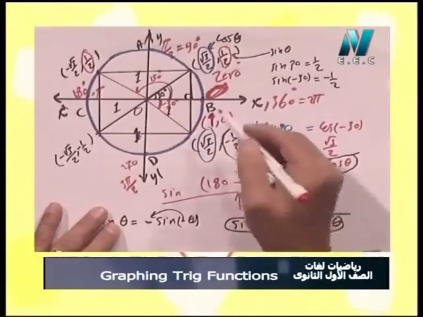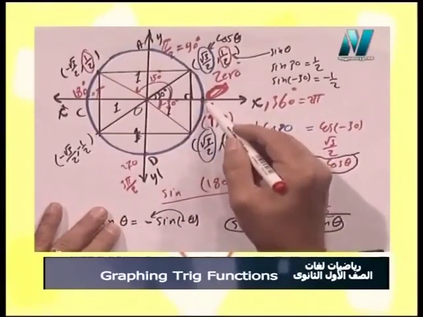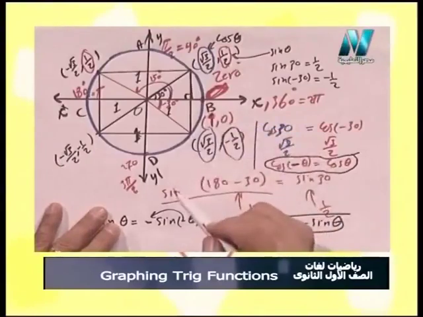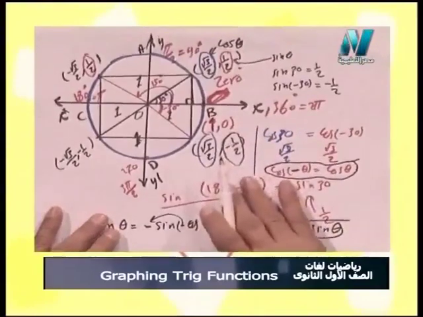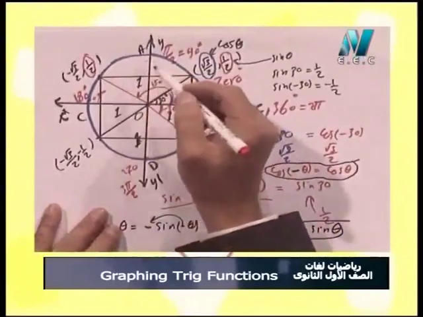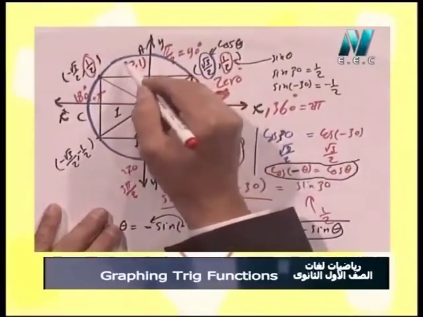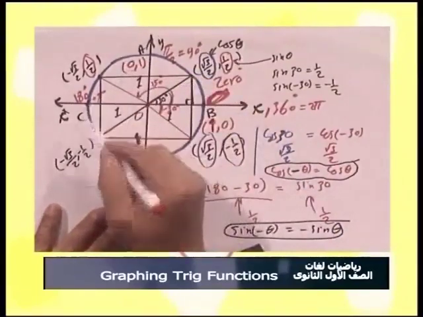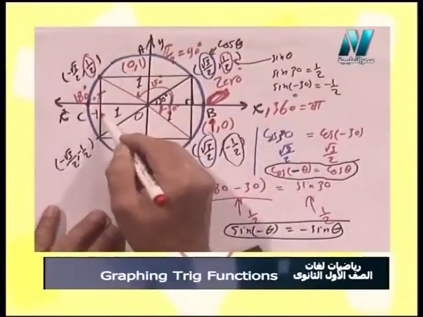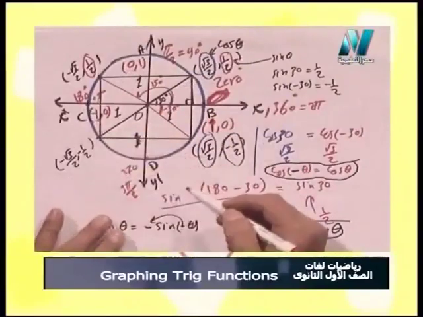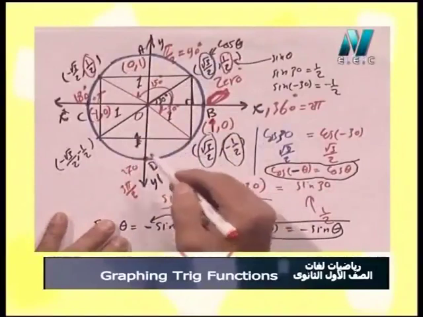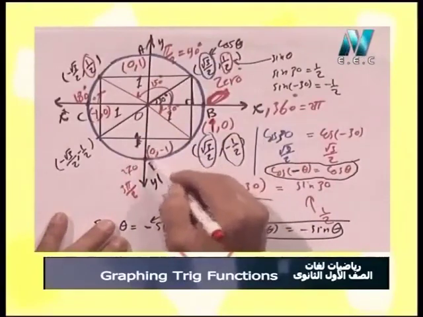This is 0 or 360 degrees. This point will be 0 and 1. This point will be negative 1 and 0. This point will be 0 and negative 1.